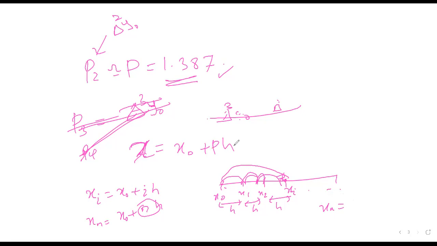Yes, I think I wrote A plus nH plus pH, isn't it? So whatever the A plus nH, we are taking as X naught. We are going from X naught by H, p times. So the final process is, after finding the P, you have to know X equals X naught plus pH. So I know my X naught. What is my X naught?